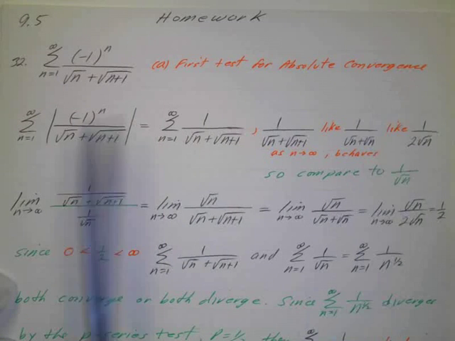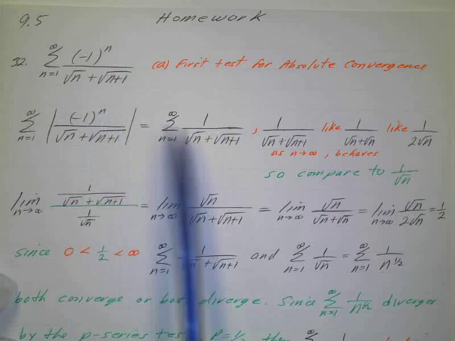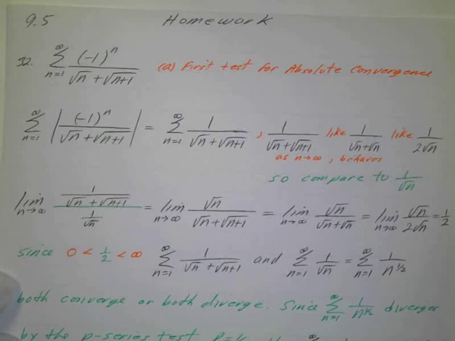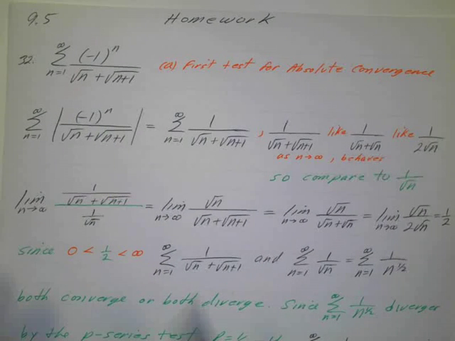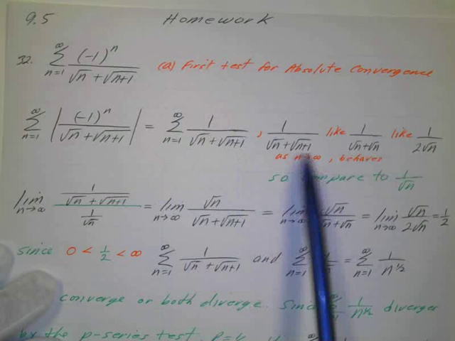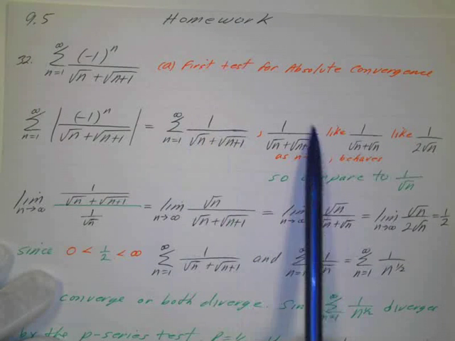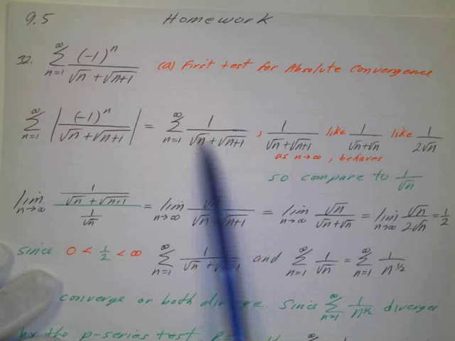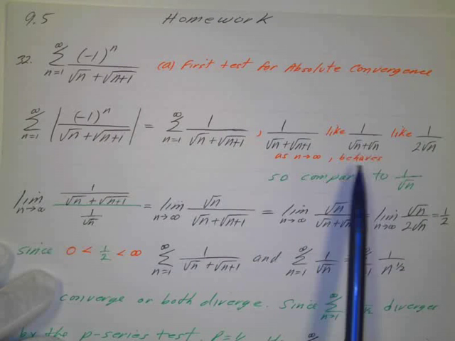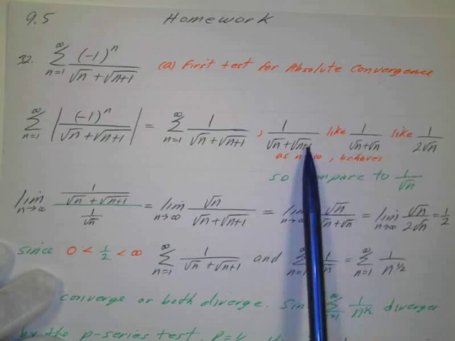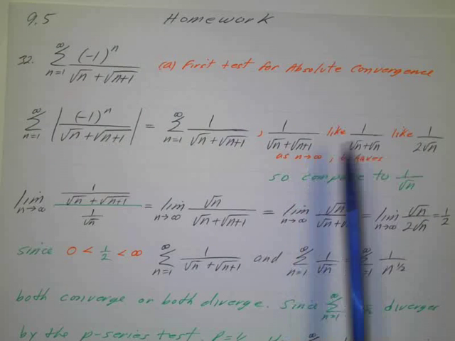Again, we'll first test for absolute convergence, so we'll take the absolute value, which gets rid of the alternating part. Looking at the terms of the series, as n approaches infinity, the 1 becomes insignificant.